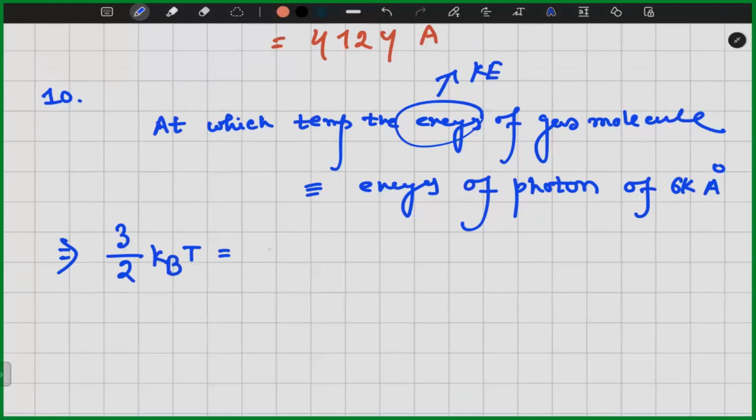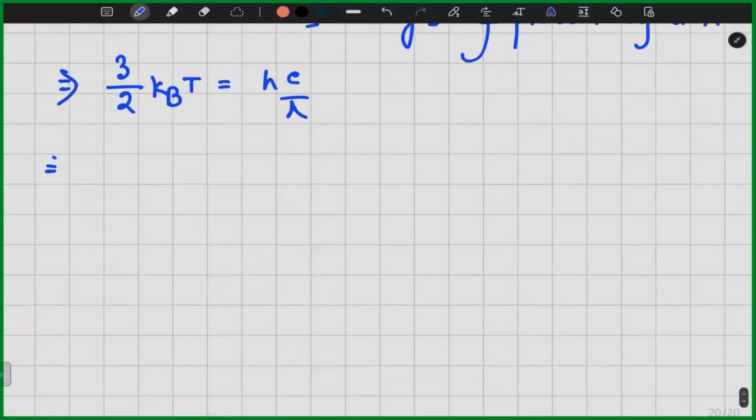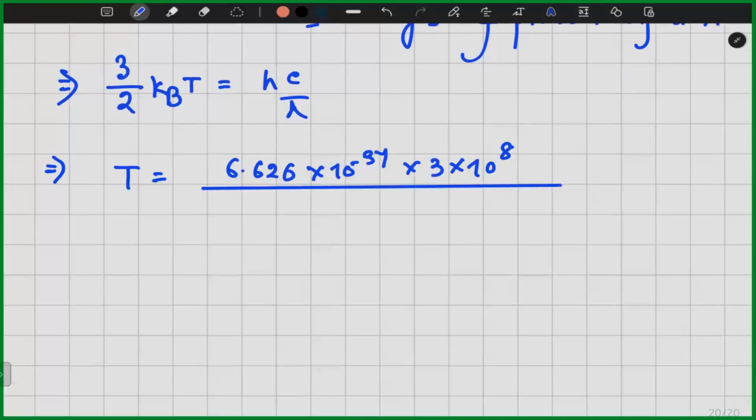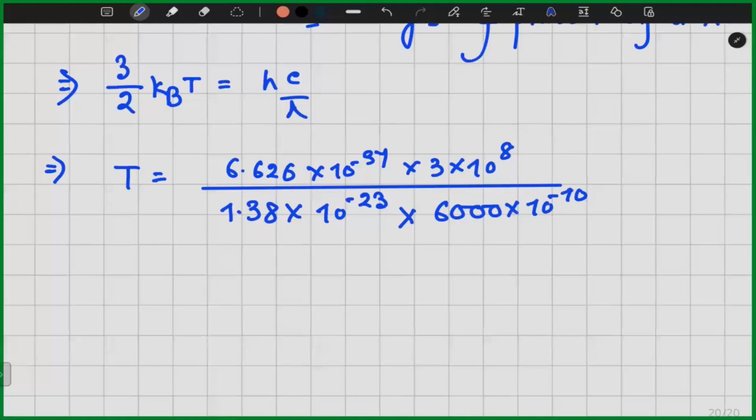kBT equals hc by lambda. So T is 6.626 into 10 to the power minus 34 into 3 into 10 to the power 8, divided by kB. What is the value of kB? 1.38 into 10 to the power minus 23, and the lambda is 6000 into 10 to the power minus 10.